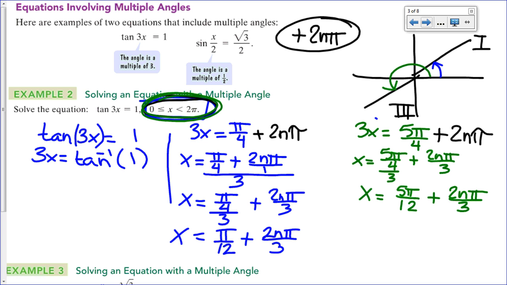So get your calculators. Does the calculator have to be red? No, because we're just using pi, so it will be okay. So I want you guys to add the following. Make your n equal to 1. So in this case, my first solution is pi over 12, right?